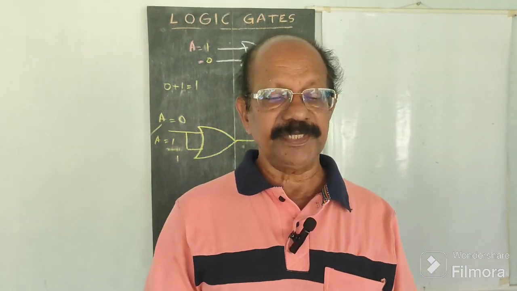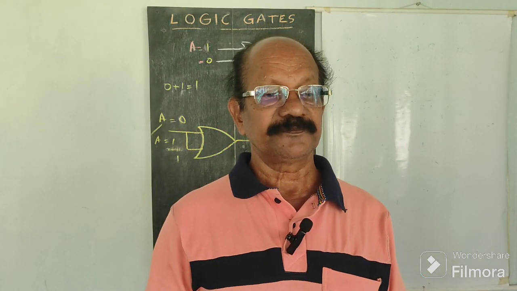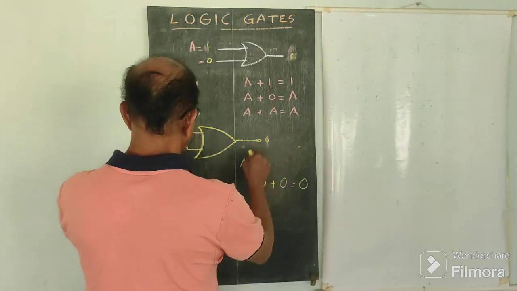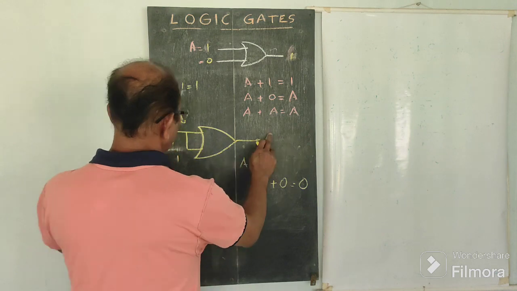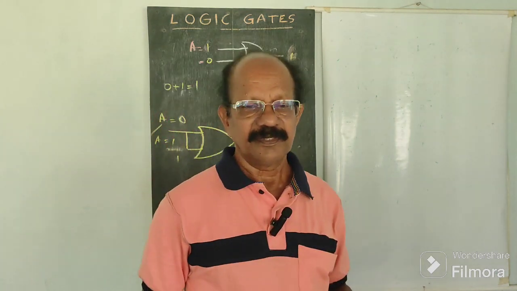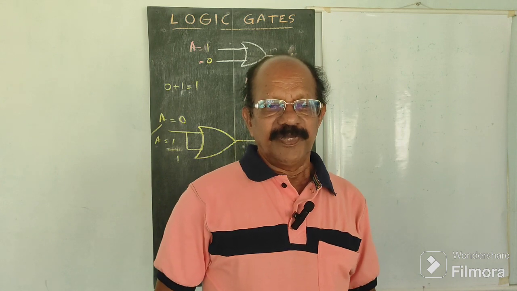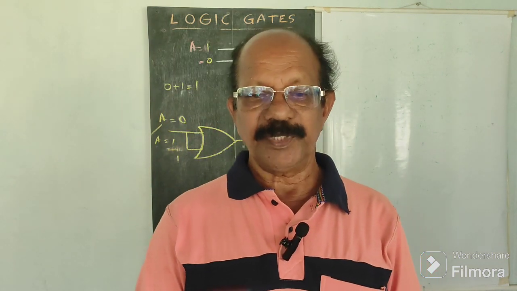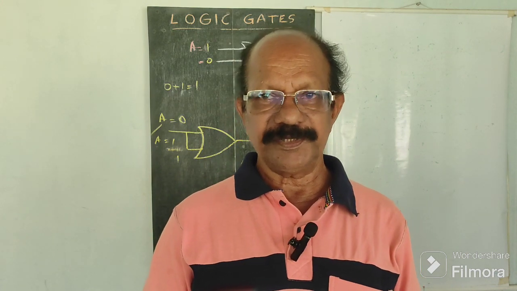Then A plus A is equal to what? When A is equal to 0, the output is 0. When A is equal to 1, the output is 1, because 1 or 1 is equal to 1.